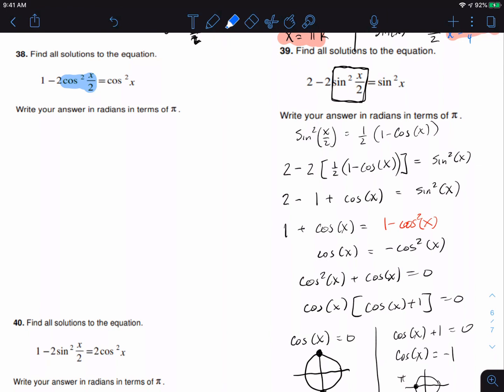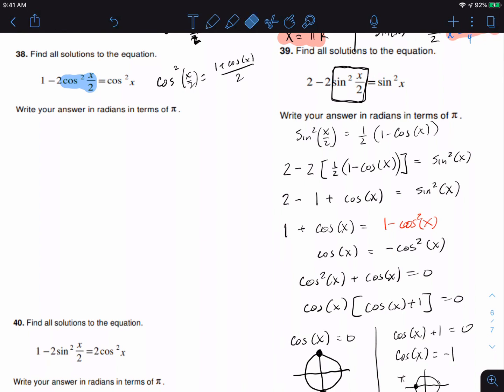But just so you guys have the rule, I'll give it to you. Isn't cosine squared of x over 2 equal to (1 plus cosine of x) over 2, or 1/2 (1 plus cosine of x)?